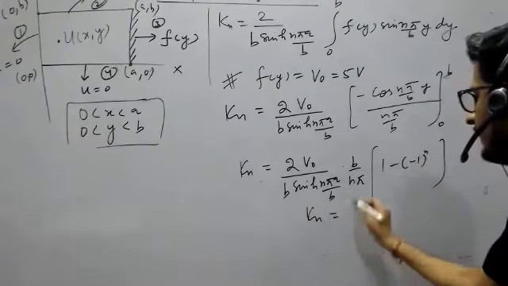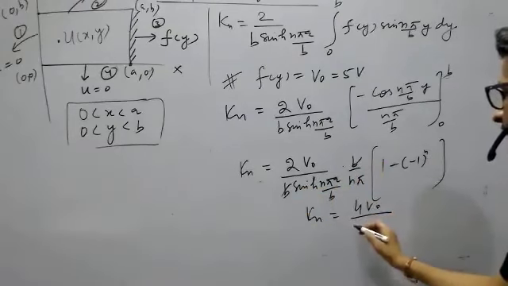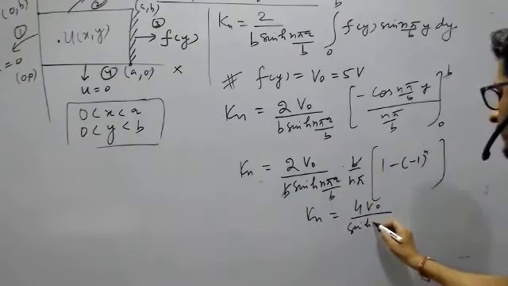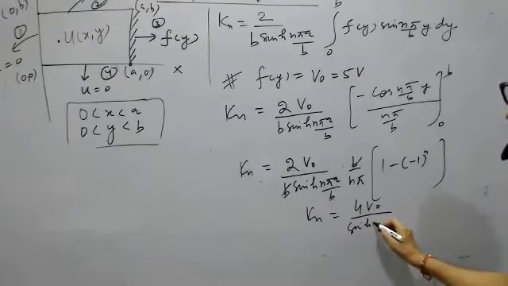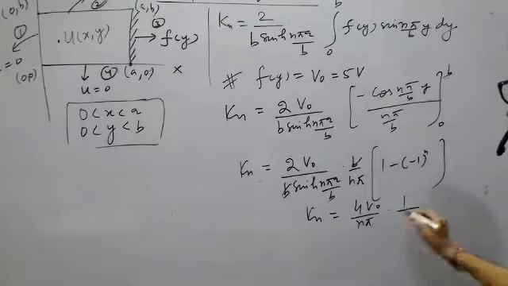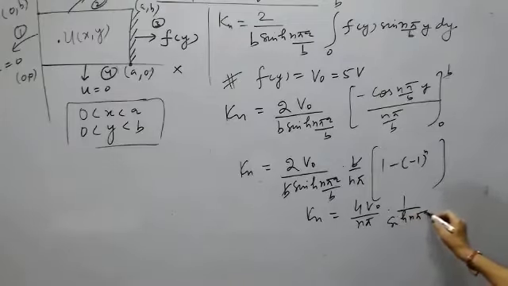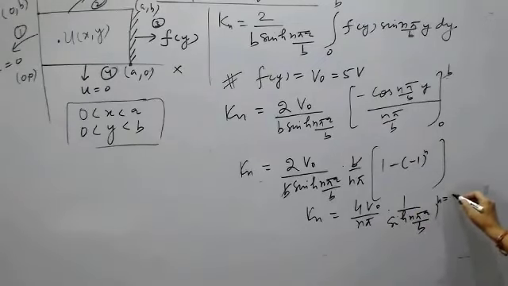So Kn will become, b cancels with b, 4V naught by n pi into 1 upon sine hyperbolic n pi a by b, where n is equal to 1, 3, 5, and so on.